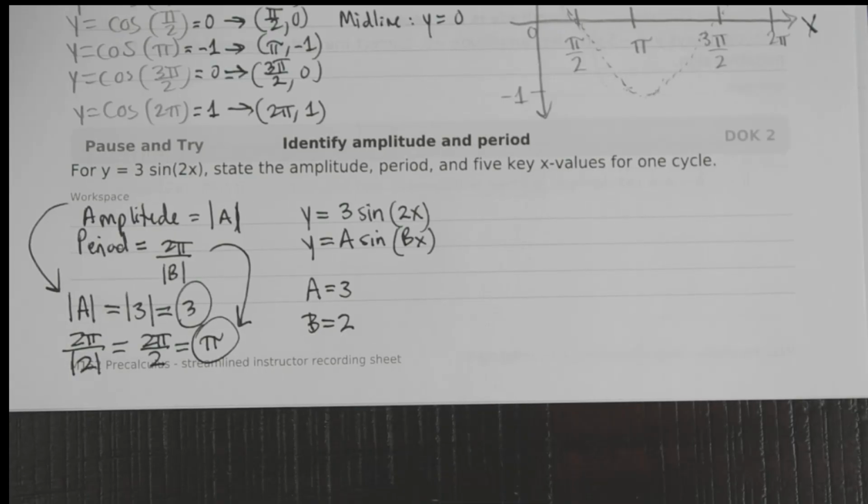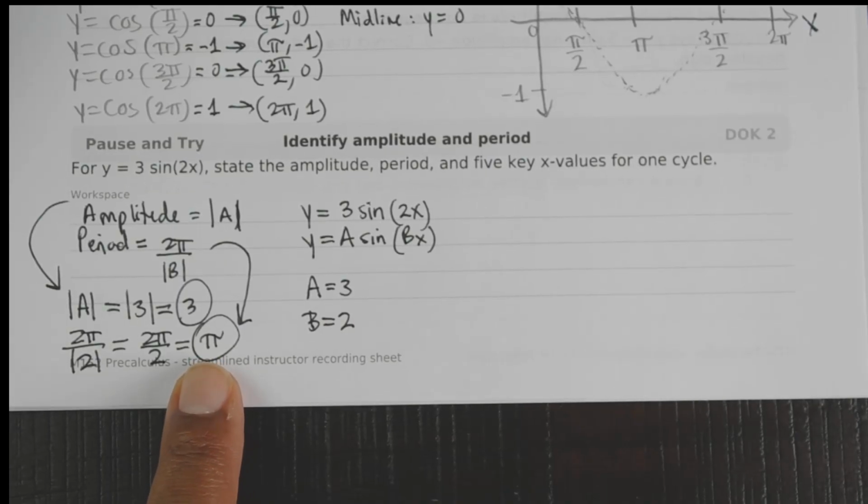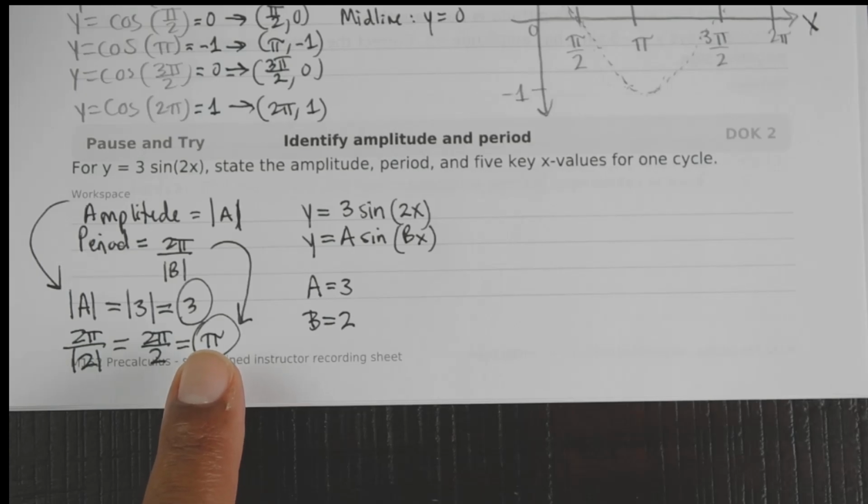Now, essentially, what we can say is a quarter of this would be pi over 4, right? So if we start at x equals 0 and then add pi over 4 each time, we'd have 5 key x values.